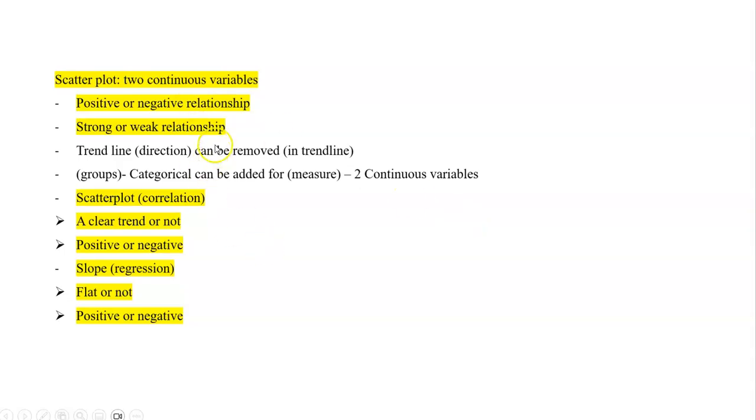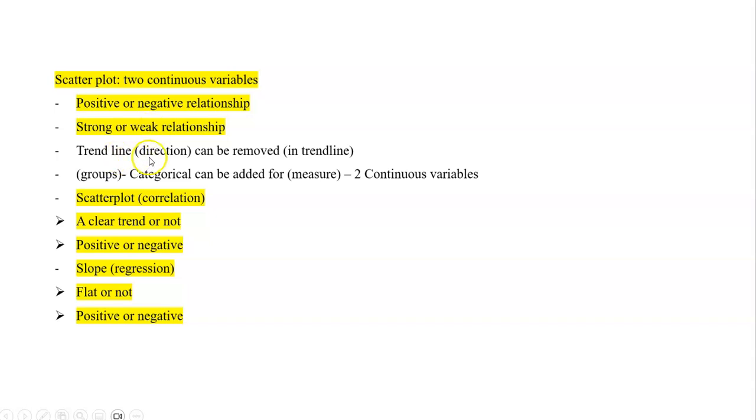So a scatter plot involves only two continuous variables, and it can indicate a positive or negative relationship and a strong or weak relationship. You saw that around the drawn line, if the dots are concentrated on the line, that is a strong relationship. If they are everywhere, that is a weak relationship.